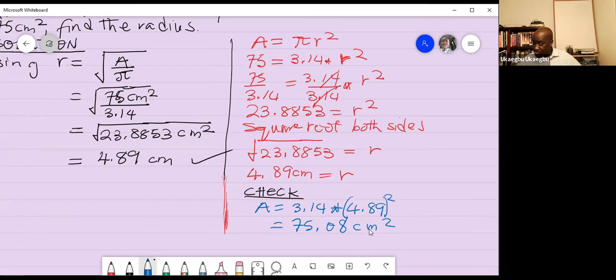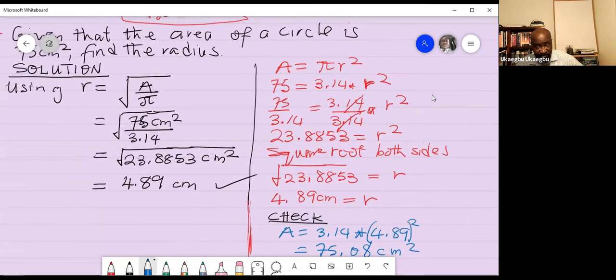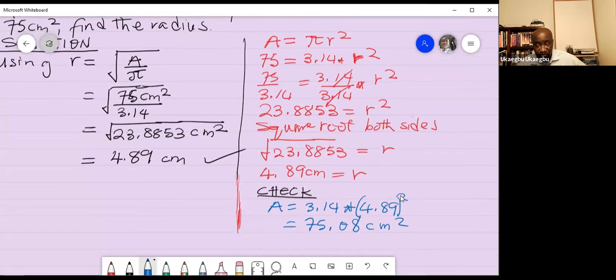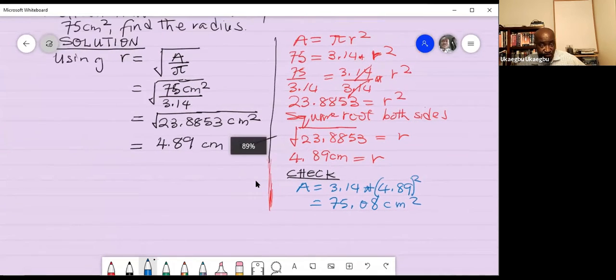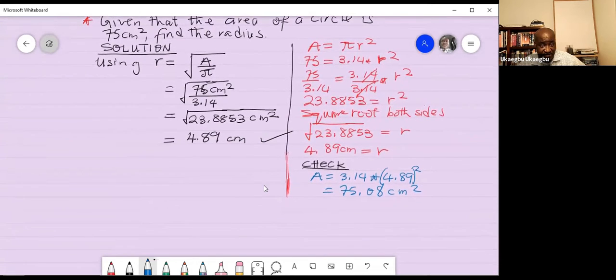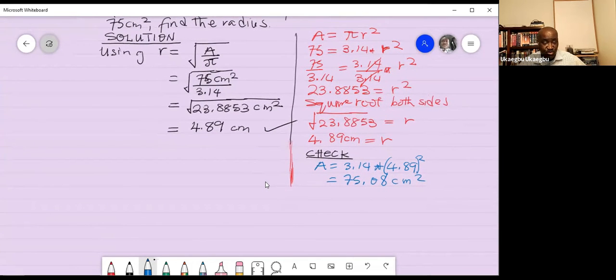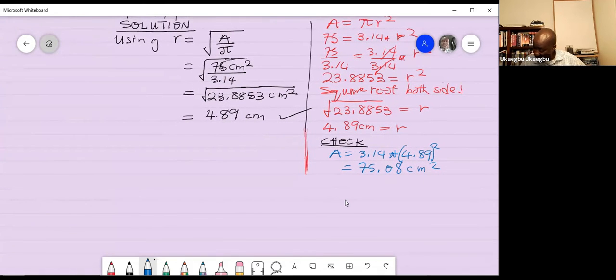Okay, so you see, from rewriting the area formula, we have been able to solve for radius. And that's the goal. That's the whole objective.